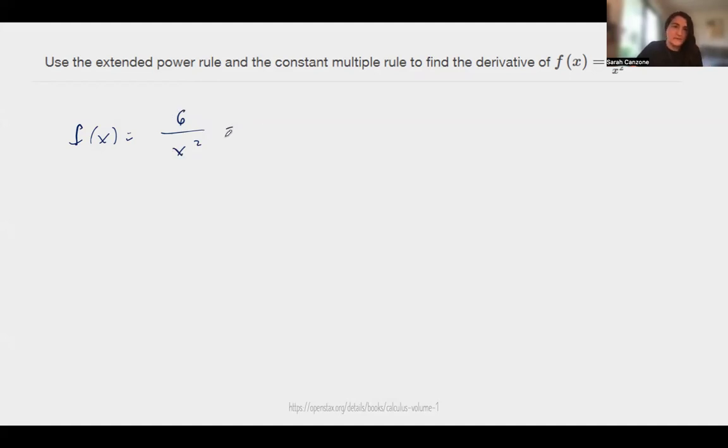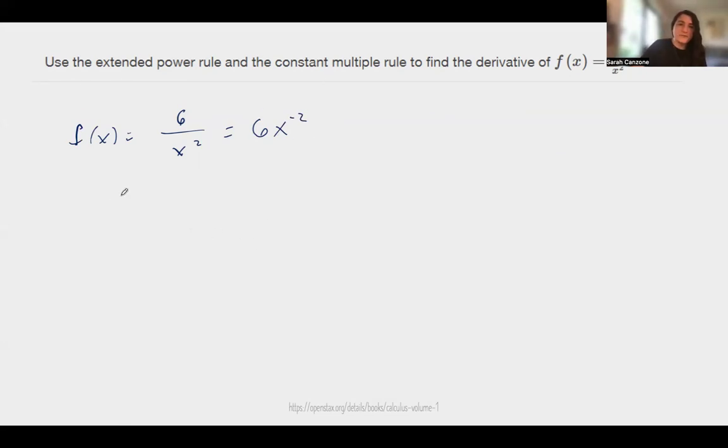the power rule. So what we have to do is we have to rewrite this first, kind of how we mentioned before. So I know in order to bring a variable from one side of the fraction to the other, I need to negate the exponent. So I want to keep the 6 because the 6 will just stay there. I want to bring this up to the numerator, so I'll negate my exponent. So this goes from an x to the positive 2 to x to the negative 2.